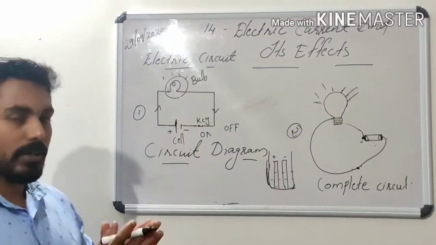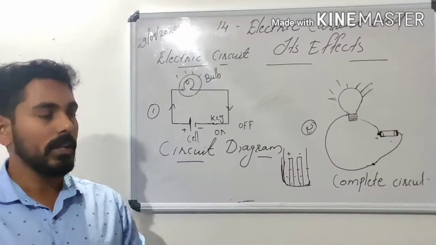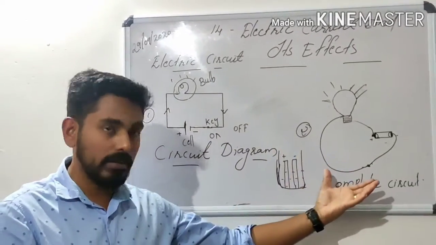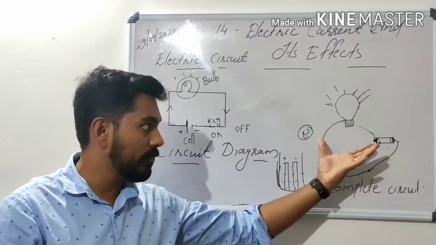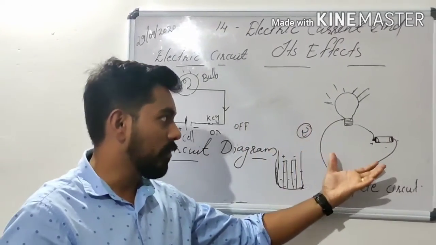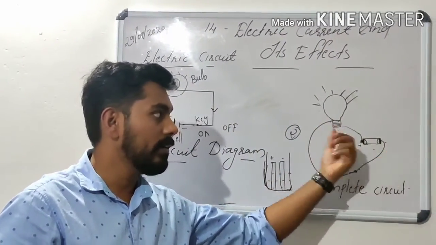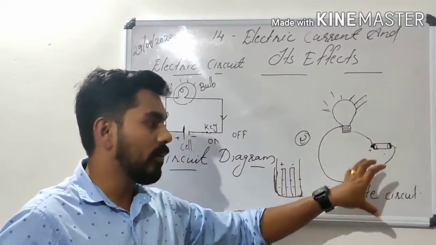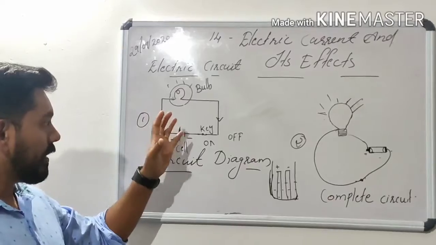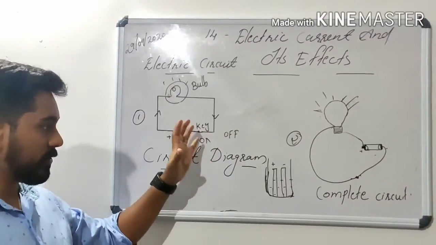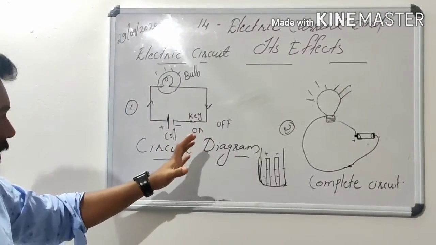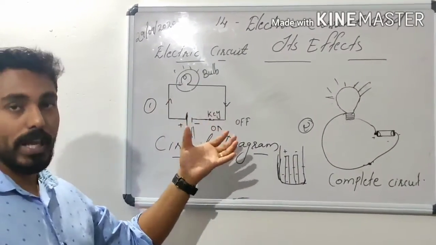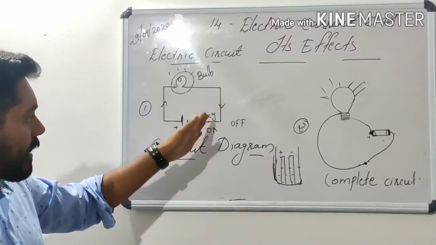Sometimes in a refrigerator you can find a complex circuit, and sometimes we draw a figure with symbols, only having bulb and battery and key, or cell. So this is a circuit and this is a circuit diagram. A circuit is a complete passage of electricity, and a circuit diagram is a pictorial representation of an electric circuit having a lot of devices.